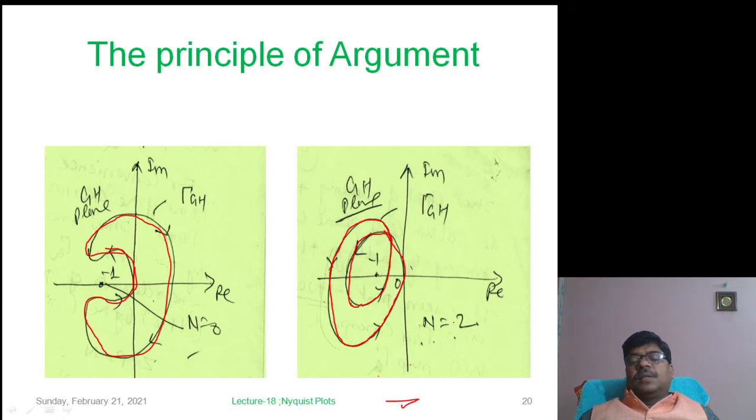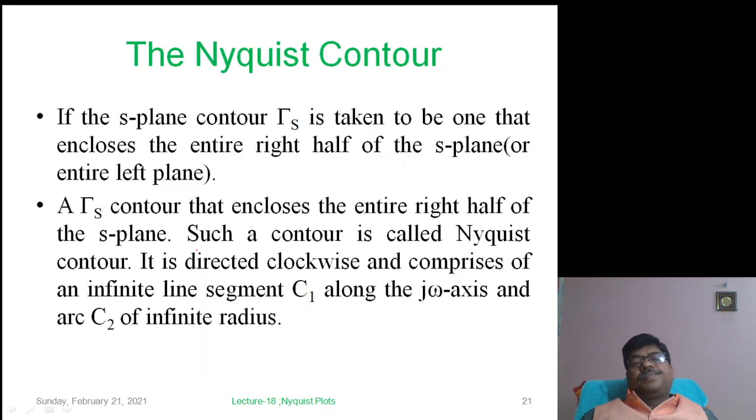So, here this will be -2. So, the net encirclement is twice, but what happens? The number of poles is greater than zeros. So, this is the principle of argument, by which we can find how the critical point encirclement takes place.